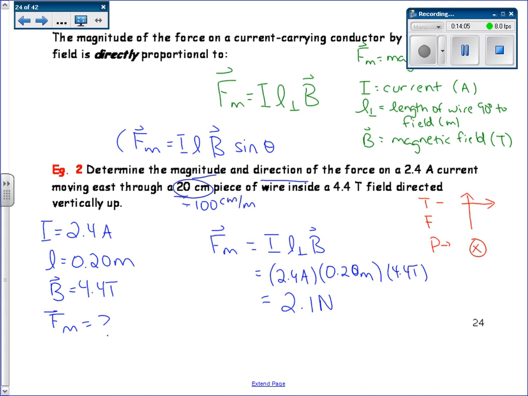Oh, vertically up, sorry. Let me fix that. Vertically up means it's coming out of the page at you. So the magnetic field is coming out of the page. My thumb points the direction of the current flow. My palm is up, so then that's north.